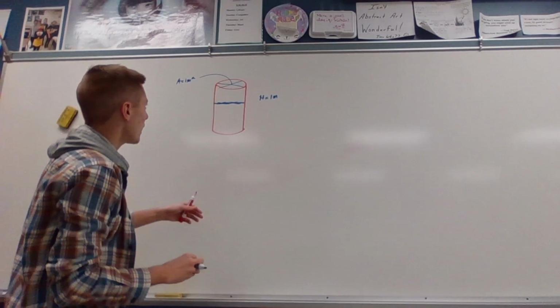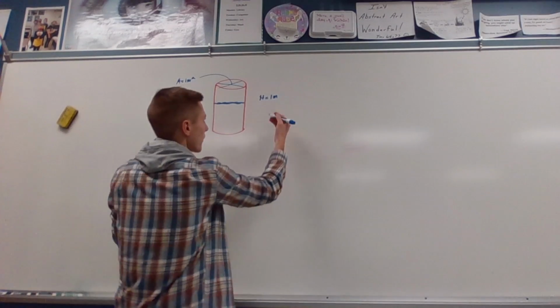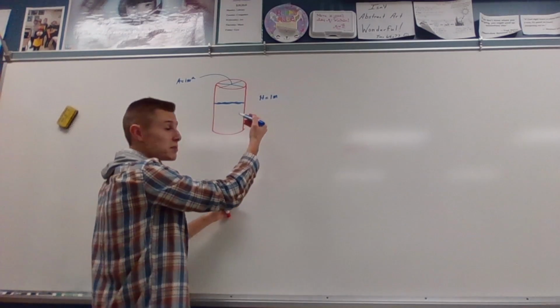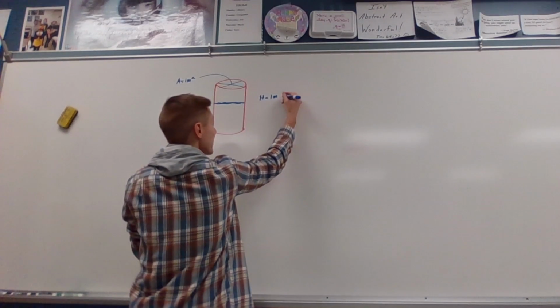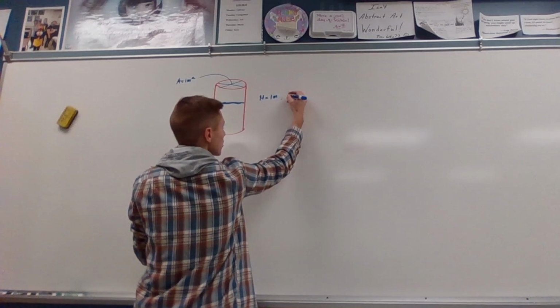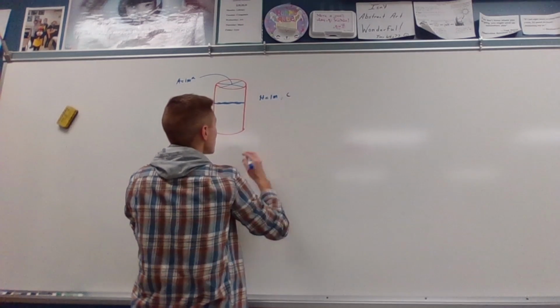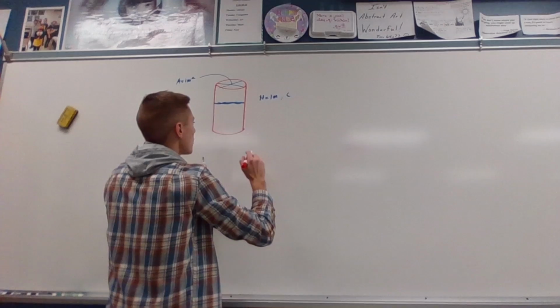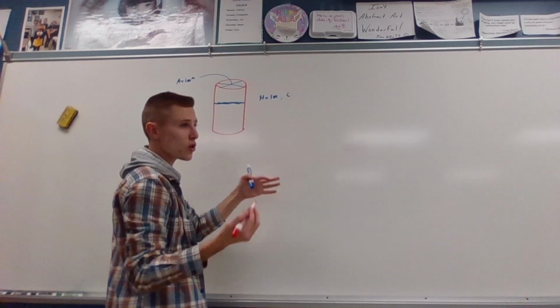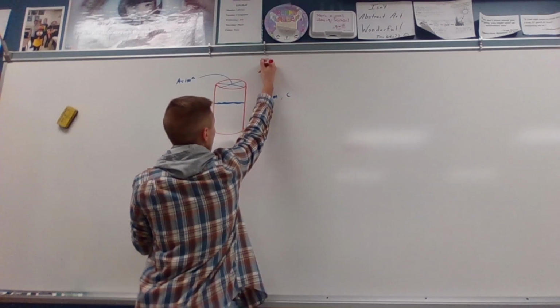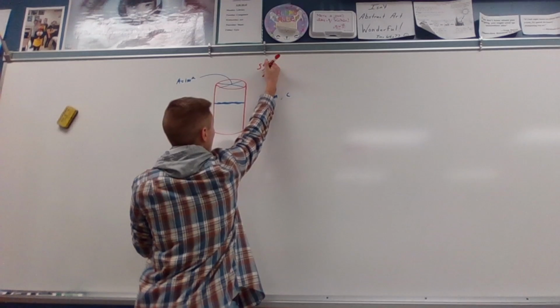Another one of our knowns is going to be the initial concentration on the inside, so our concentration, we'll say, in terms of C. For this, we're going to say it has a concentration of some solute within the water. We're not going to be really worrying about what kind of solute it is.